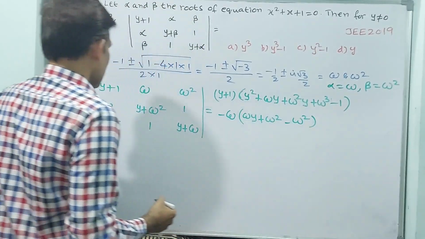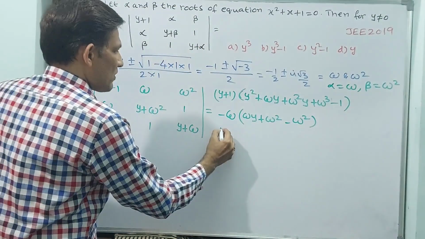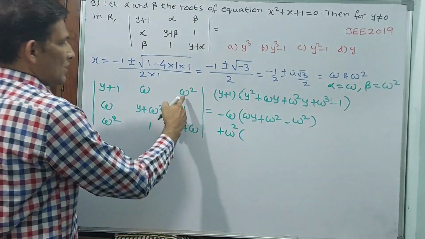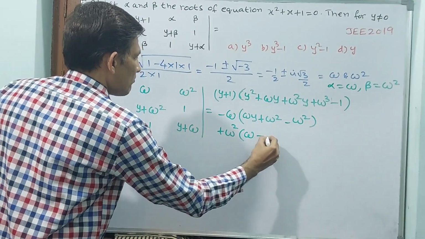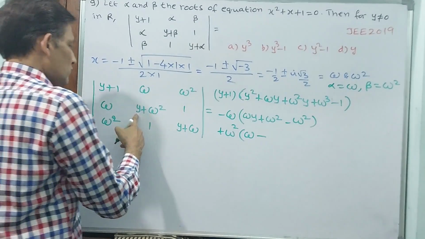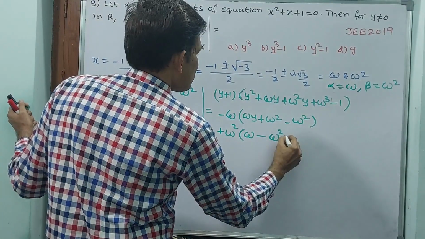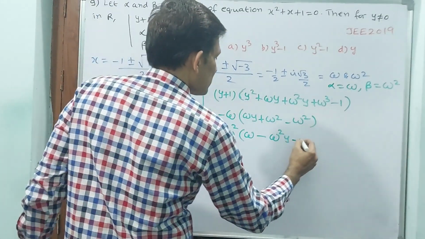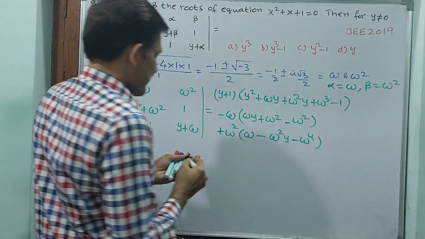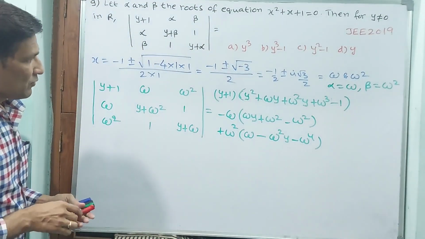Afterwards, plus omega square into, see, omega minus omega square y, again minus omega to the power of 4. This much of story is there.